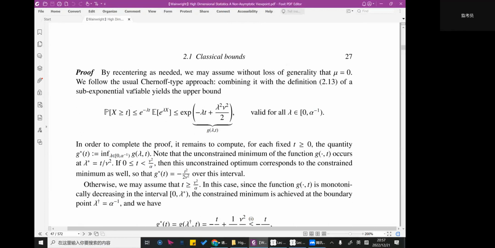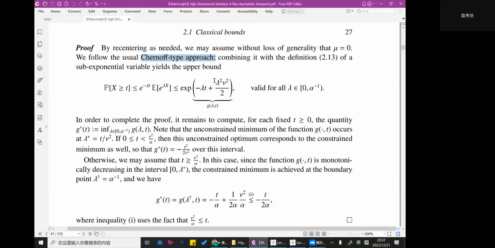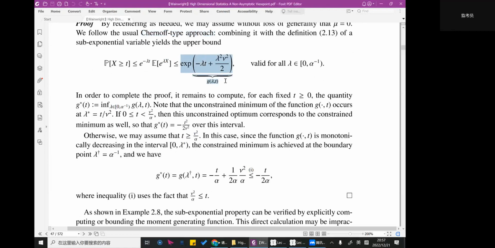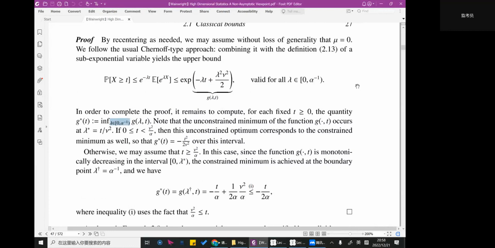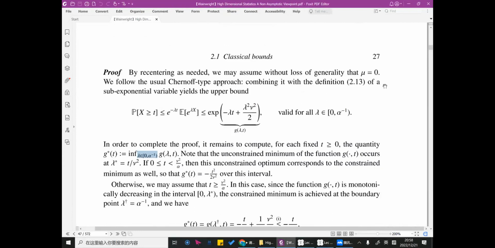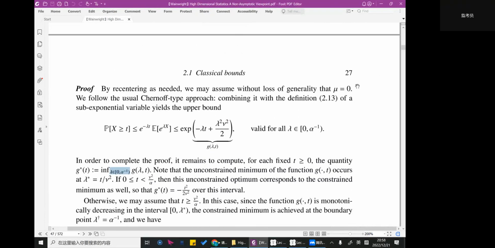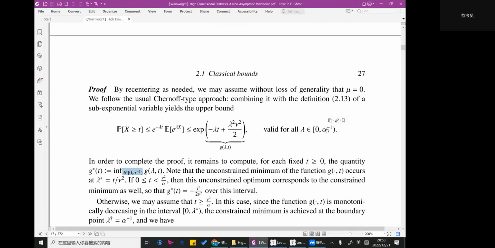The proof is by using the Chernoff bound here. We want to calculate the minimum value of g(lambda, t) over lambda, where lambda belongs to this range. Let me see why lambda belongs to this range.